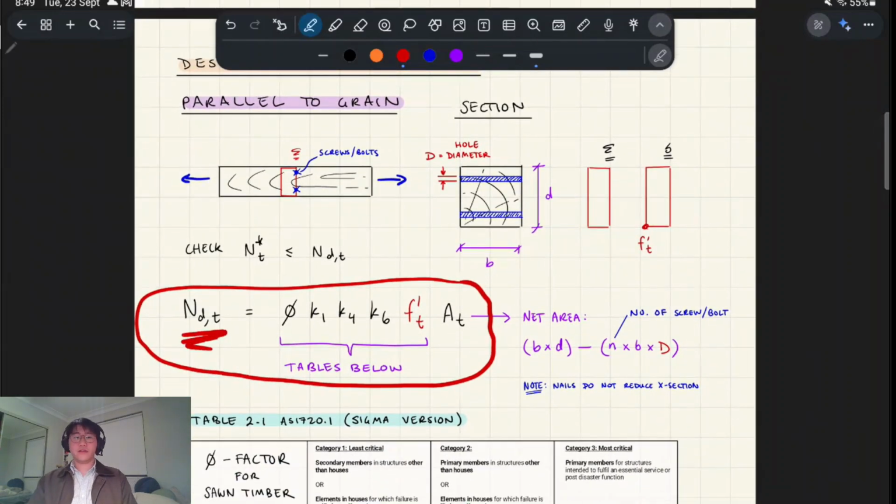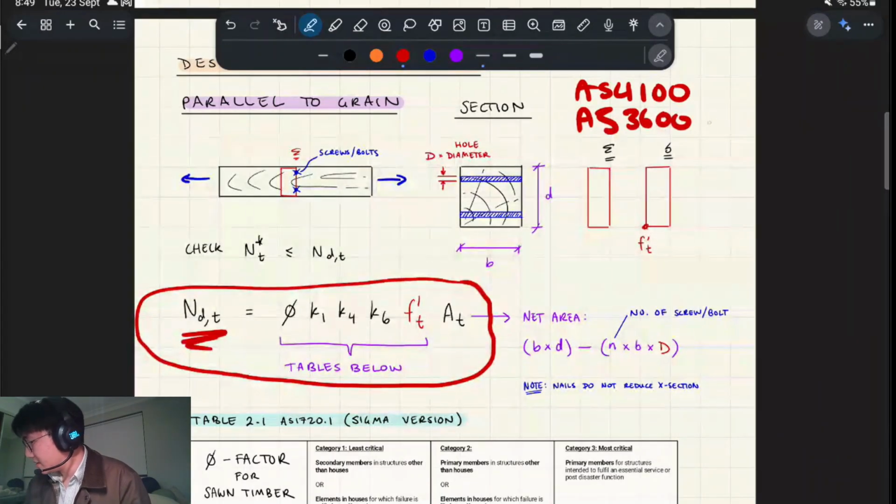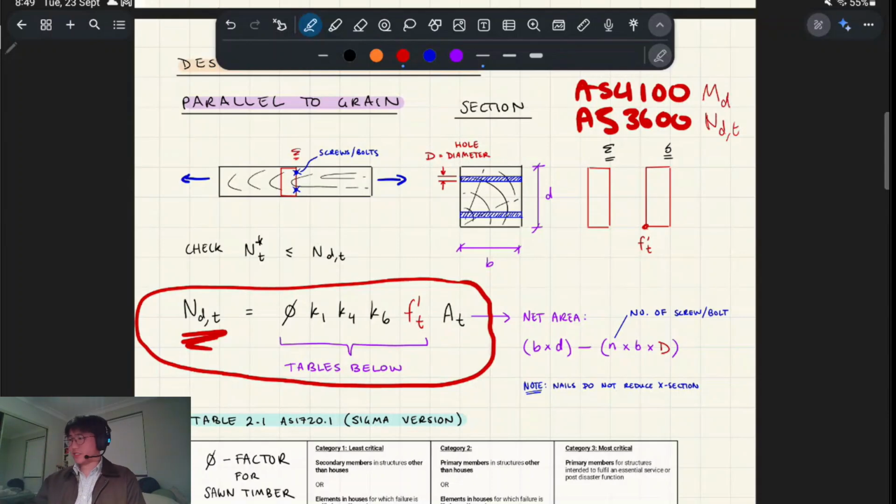So in, what do you call it, in AS 4100 for steels and AS 3600 for concrete, you don't see the term like NDT, for example, or another example would be like MD. So the D stands for design.